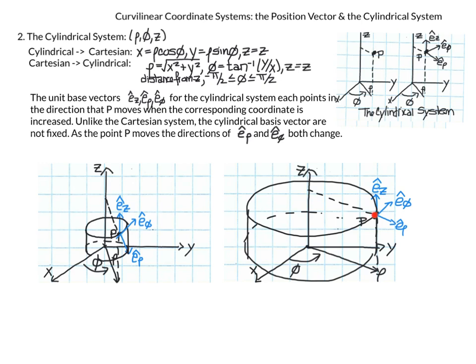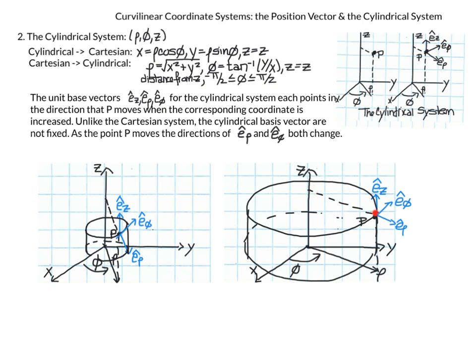So if I move from P in a little increasing direction in z, I'm going to be going straight up. And that's always the case. If you want to move in the z direction, in the positive direction, you're always going to go up. So this basis vector doesn't change. Let's look at the radial vector.